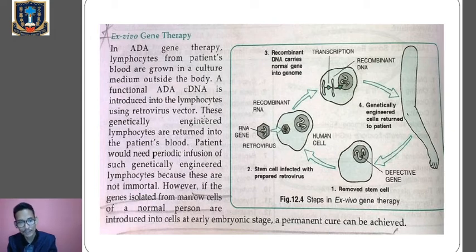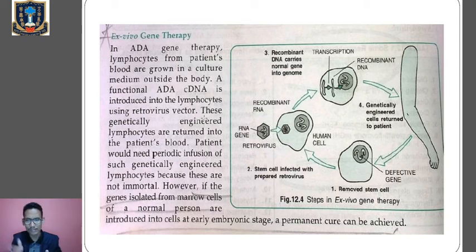Okay, so what is the proper treatment for the ADA disease? If you go for gene therapy, then we have to introduce the genetically engineered lymphocytes at a particular time period because these lymphocytes are not immortal, right? They will not last through the lifetime. They have a particular lifespan. During that lifespan, they will be functional.